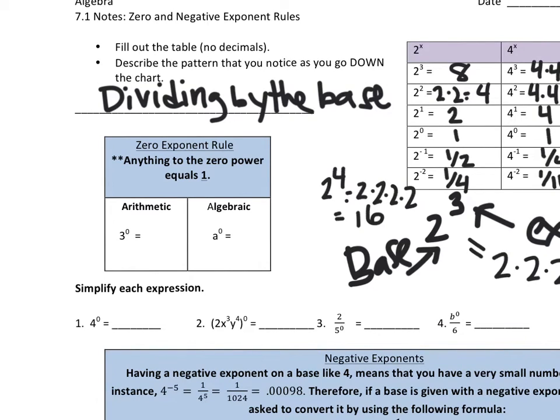This is true of any number. Anything to the 0 power equals 1. 3 to the 0 power is 1, and a to the 0 power is also 1. No matter what that value is, if we took 10,000 to the 0 power, that would also equal 1.